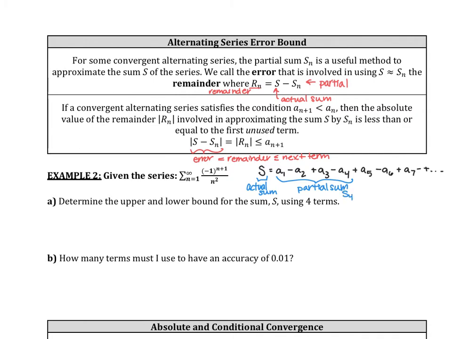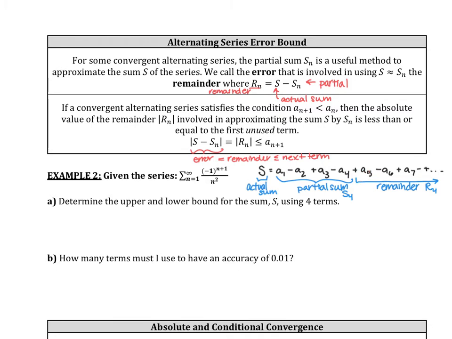The remainder from here all the way back, this remainder is my R sub 4. And so what this phrase says is that my remainder, this entire quantity, needs to be less than or equal to my fifth term. Why? Well, think about adding these up.